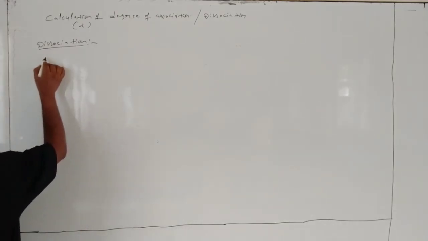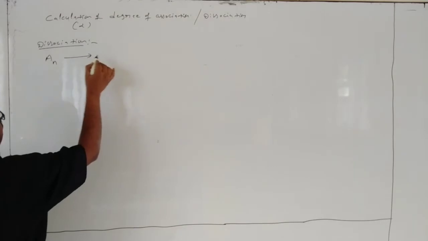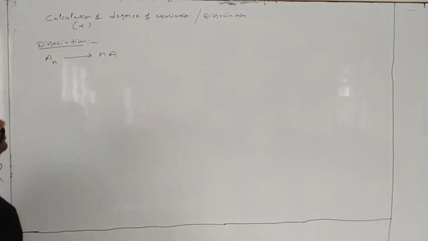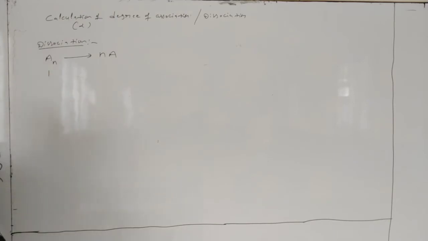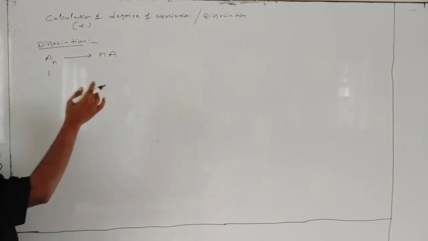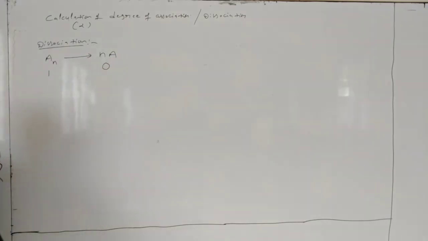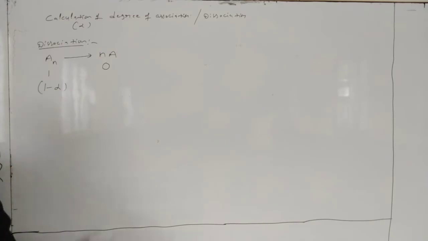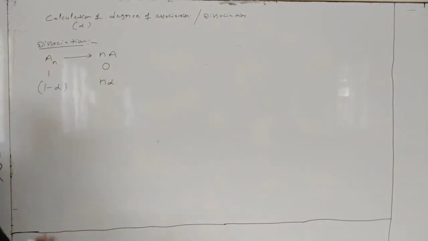Dissociation means here A_n molecules undergo dissociation, and it gives n molecules of A. Initially it is one molecule. After dissociation, the number of undissociated molecules is 1 minus alpha, and the number of molecules formed, initially 0, becomes n alpha particles.